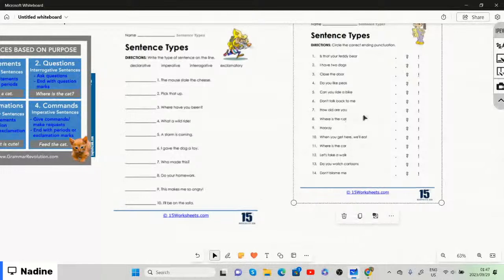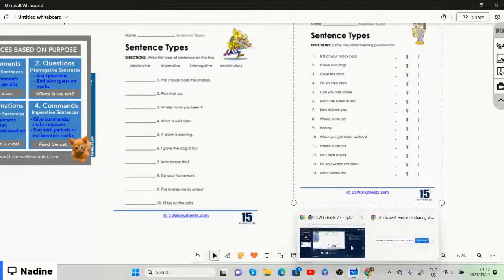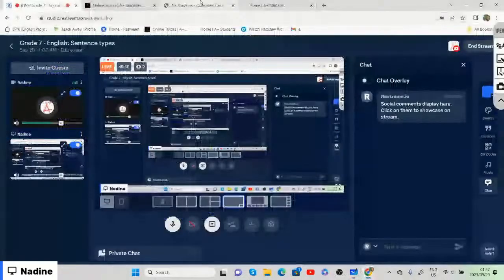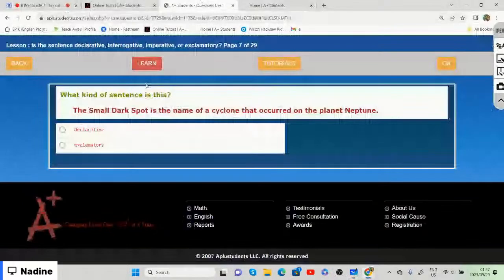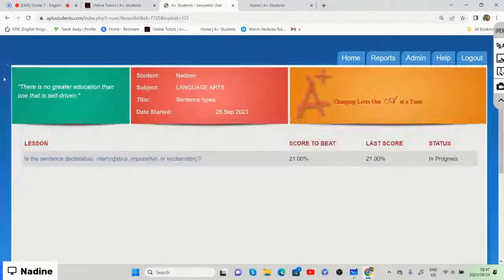So remember, there are four different types of sentences: declarative, imperative, exclamatory, and interrogative. And each sentence serves a purpose. So you need to know which ending to put with the correct sentence.